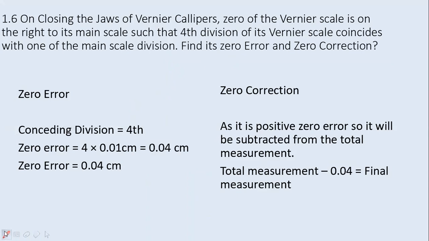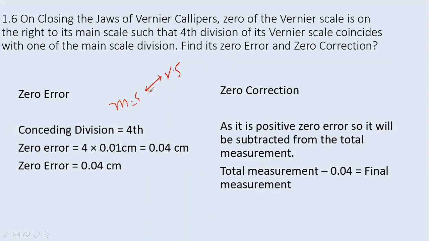For the main scale I will write MS, and for the vernier scale we will write VS. If the zero of the main scale coincides with the zero of the vernier scale, if both these scales coincide, the zero of the vernier scale is in front of the zero of the main scale. Zero error will be zero.